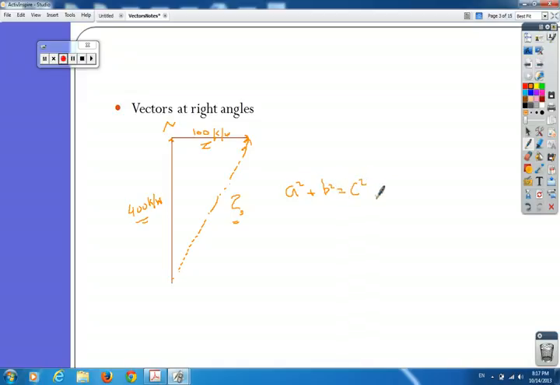So just plug those numbers in. In this instance, it would be 400 squared plus 100 squared equals c squared. It's a relatively simple calculation on your calculator. Don't forget to take the square root at the end so you can get the actual value instead of the square of the value.